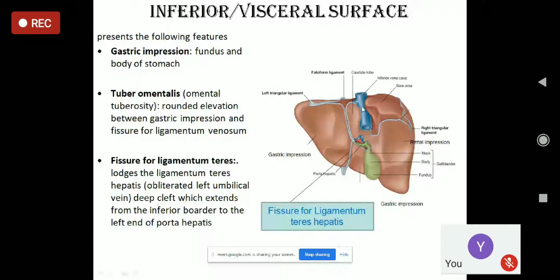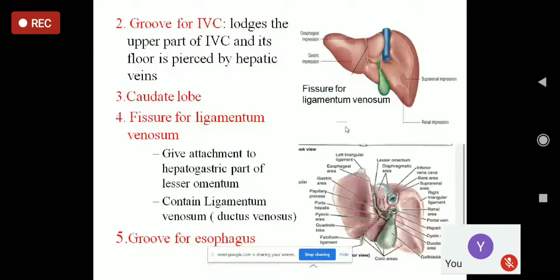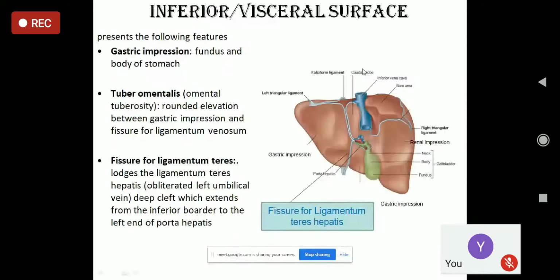Whereas in the upper part, near to the caudate lobe, near to the inferior vena cava, you can see the fissure for ligamentum venosum. Are you clear about these two fissures? Please remember these two fissures: fissure for ligamentum venosum and fissure for the ligamentum teres.